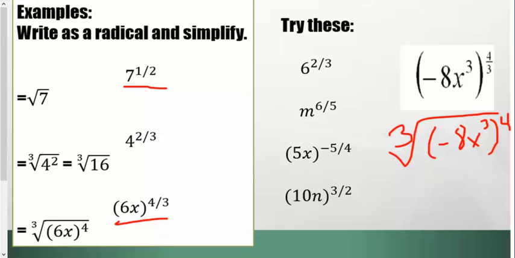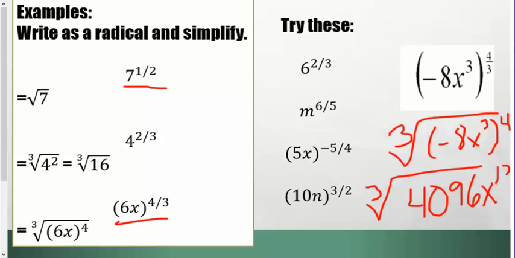But we can simplify that down even further if we want to by raising the quantity negative 8 to the fourth power. You can put that in your calculator, and you would get the cube root of 4096 x to the 12th.